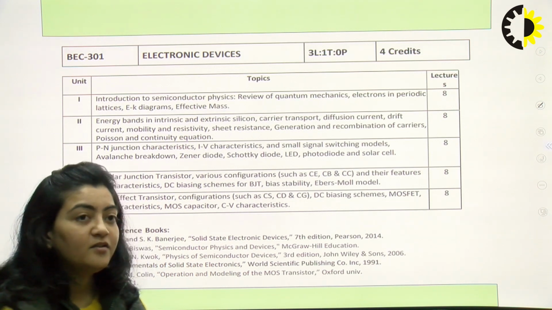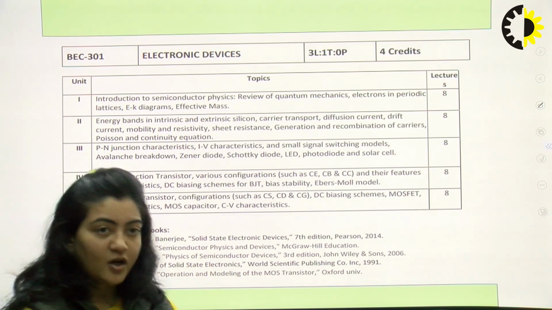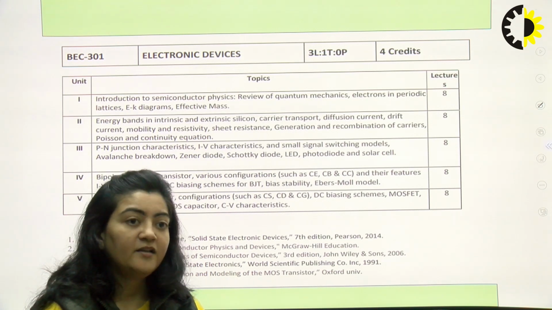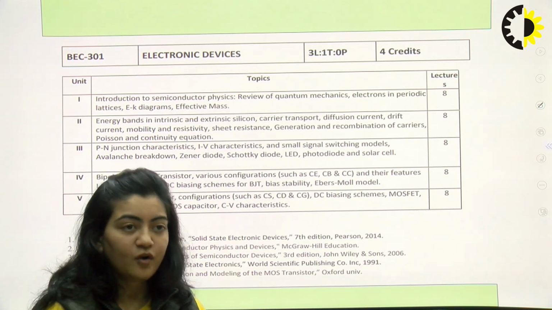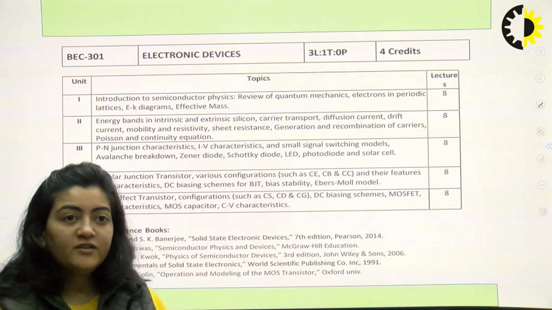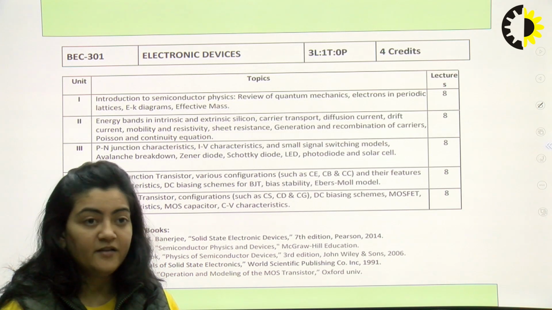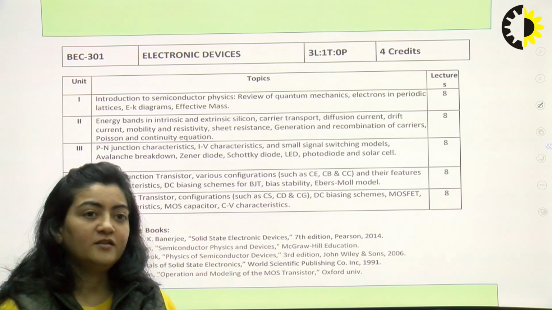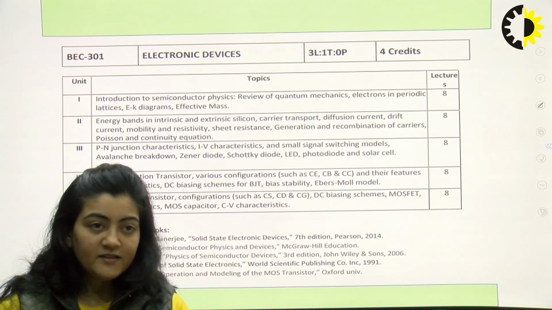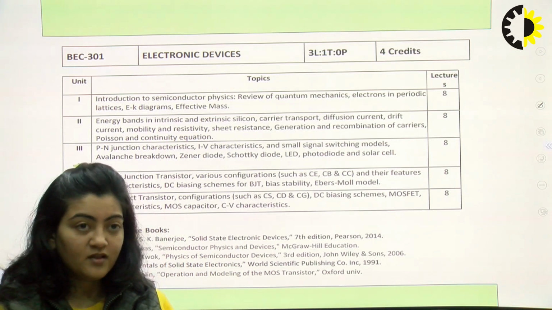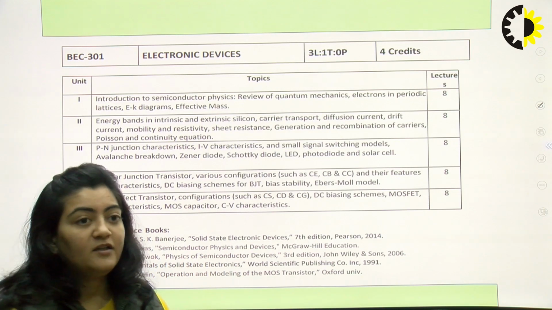Then in the second unit we will see how energy bands in semiconductors behave and how they are formed. Then in unit 3 we will talk about the devices which have been made using semiconductors, the electronic devices manufactured using the application of semiconductors.